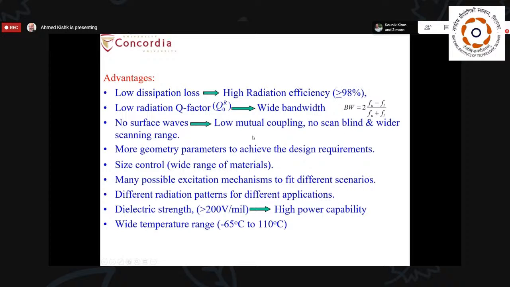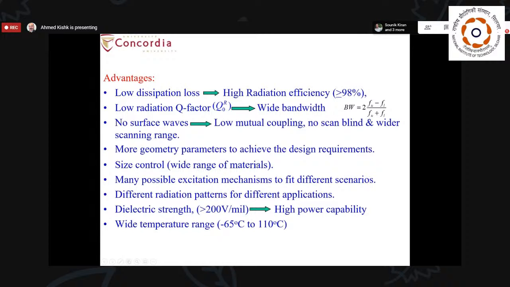And we'll give some examples about that later on. So it has more geometry parameters to achieve the design requirement. As you can see, you can take any shape, and every shape will have its own design parameters. And the more design parameters you have, the more flexibility you have.